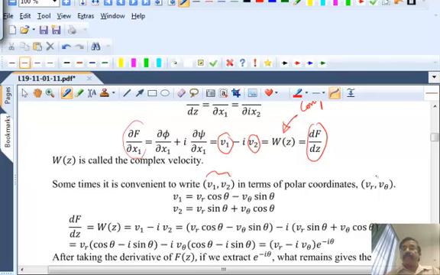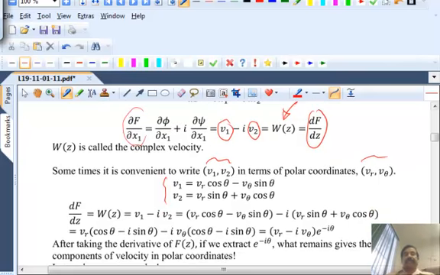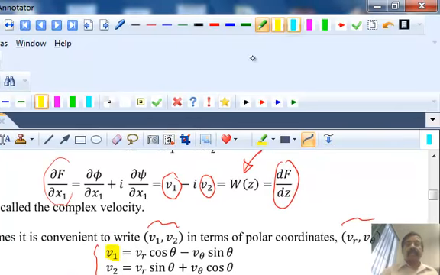But if you want to do it in polar coordinates, r theta coordinates, cylindrical coordinates, then what you need to do is use the transformation. v1 equals vr cos theta minus v theta sin theta, and v2 equals vr sin theta plus v theta cos theta. But we know that df/dz is given as v1 minus i v2. So take this v1 and plug it in there, and take that v2 and plug it in there.